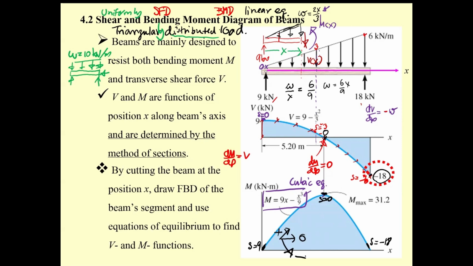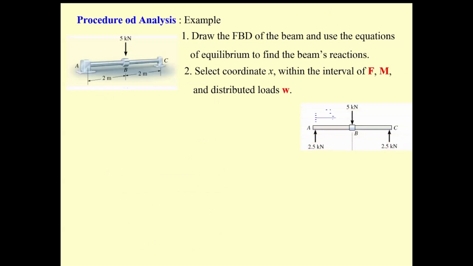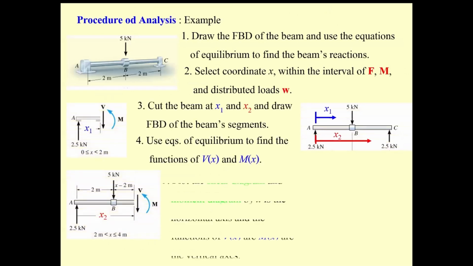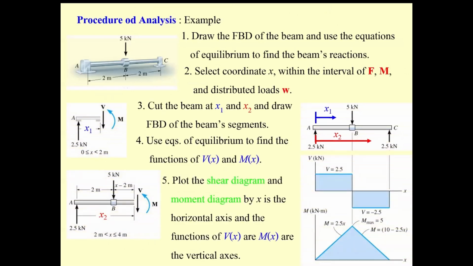Okay, now we have our procedure that you already know about. That's what we did. This is for the method of sections. We have to write the shear force equation and the shear force diagram.